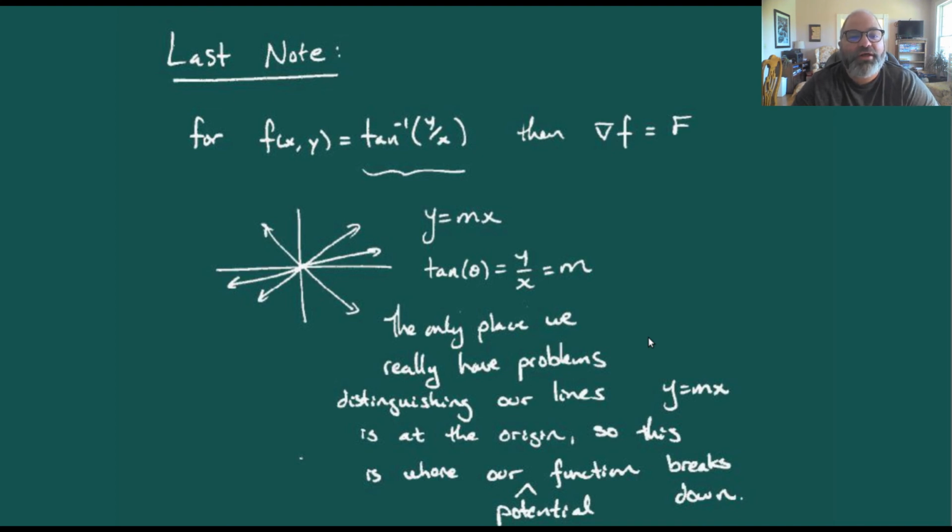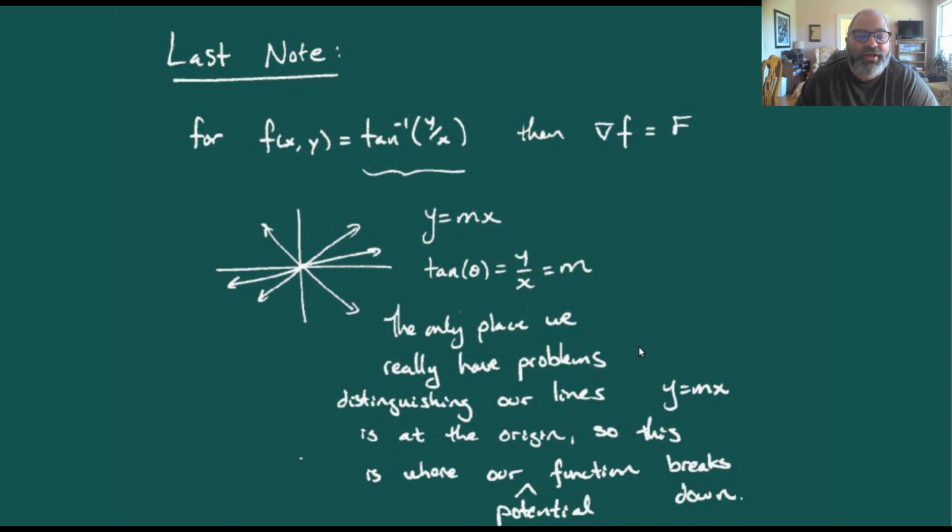One last note: what about our potential function f? This potential function, arctangent of y over x, did give us the gradient of f. Where is this really coming from? We're talking about all possible lines through the origin, and those have the form y is equal to mx, so the tangent of theta gives you your slope.